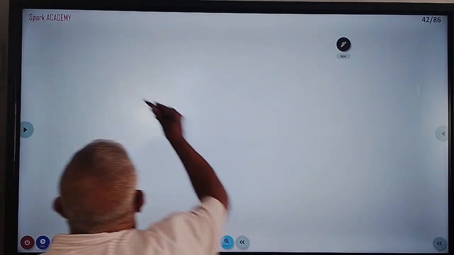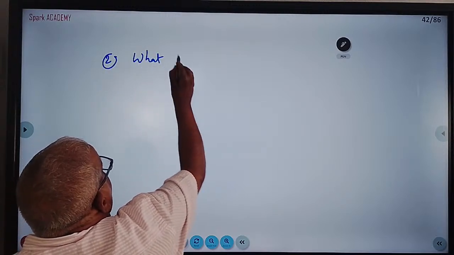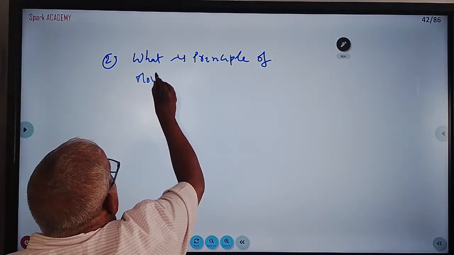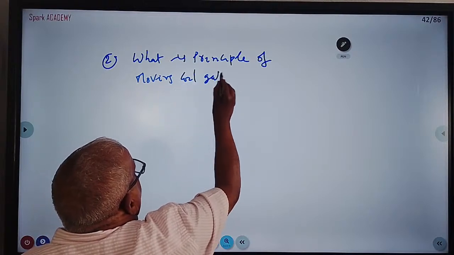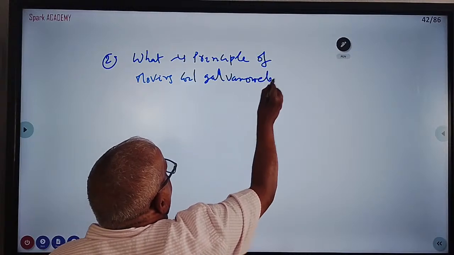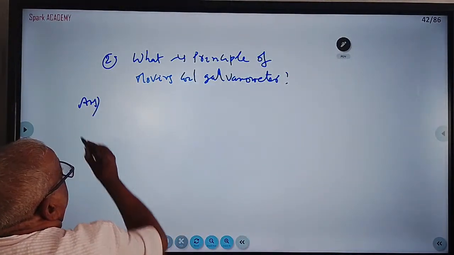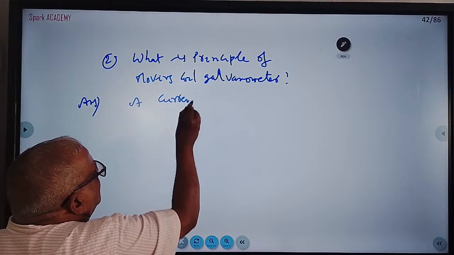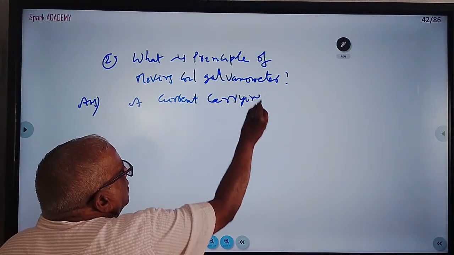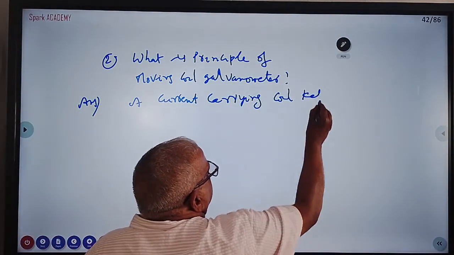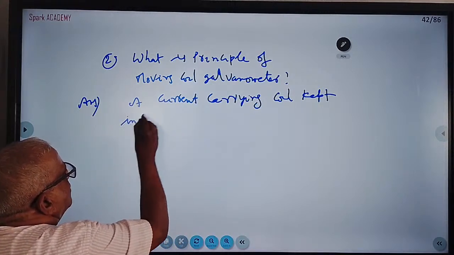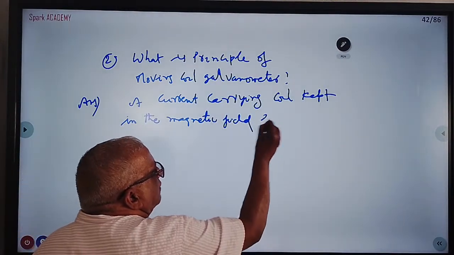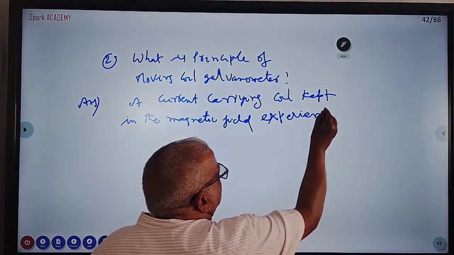Next, what is the principle of moving coil galvanometer? Answer: a current carrying coil kept in the magnetic field experiences a torque, a couple.